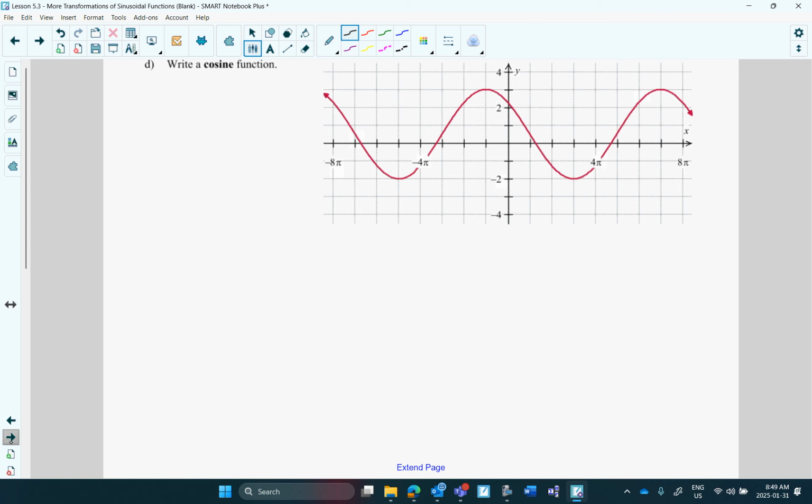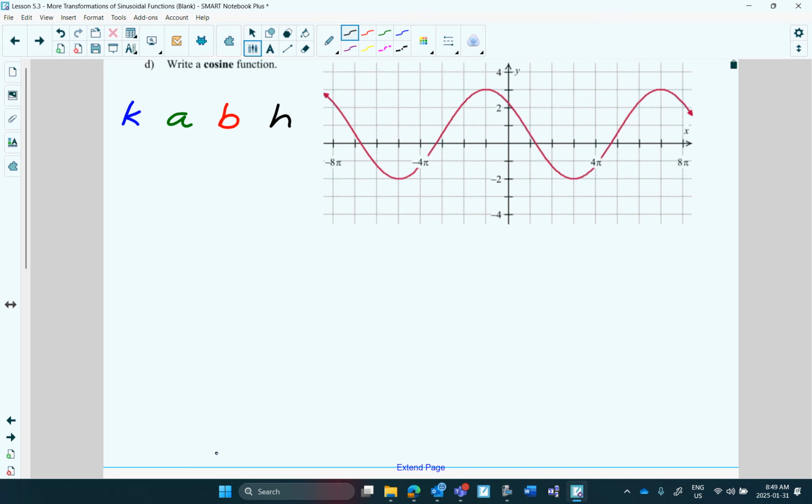Cosine function, I want you guys to try this one. Remember, K, A, B, C. This one might be a little tricky to find the midline because it's not going to be 0.